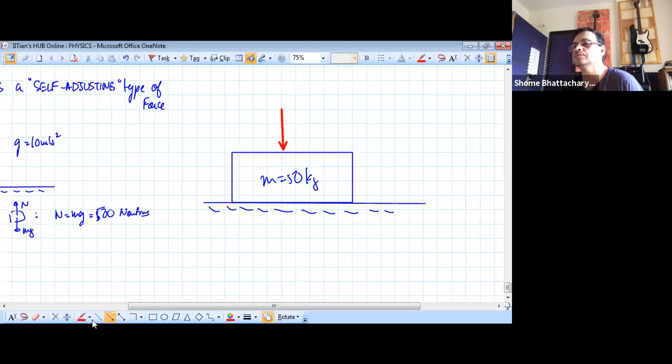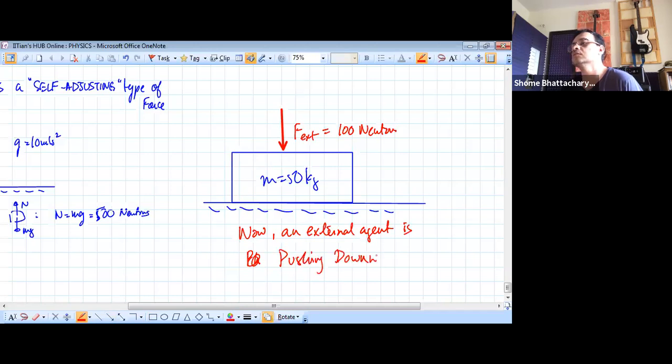Let's say this is a force of 100 newtons. So now an external agent is pushing downwards on the block with F external as shown.